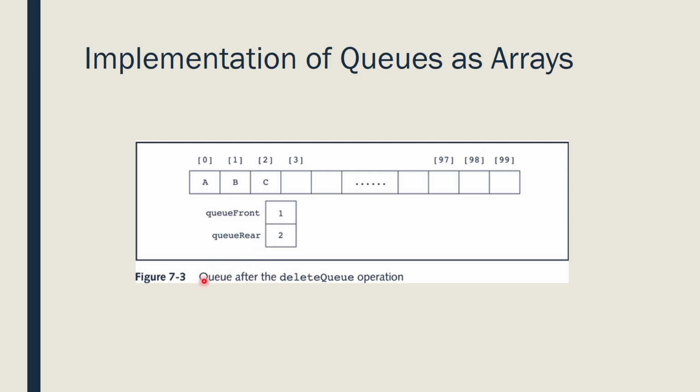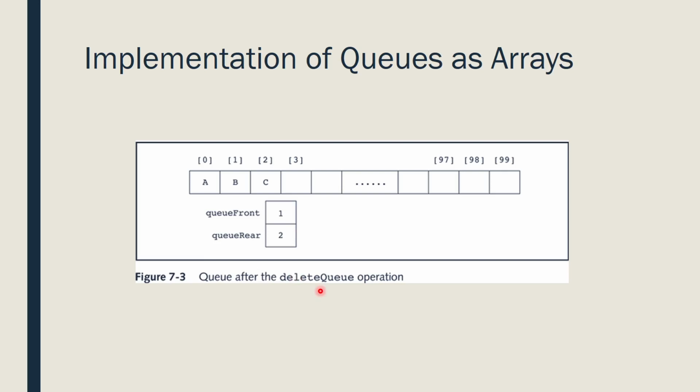Now, if you have applied the dequeue, some authors use delete queue or removing an item from the list as dequeue. That is the shorthand term for delete queue, so dequeue.